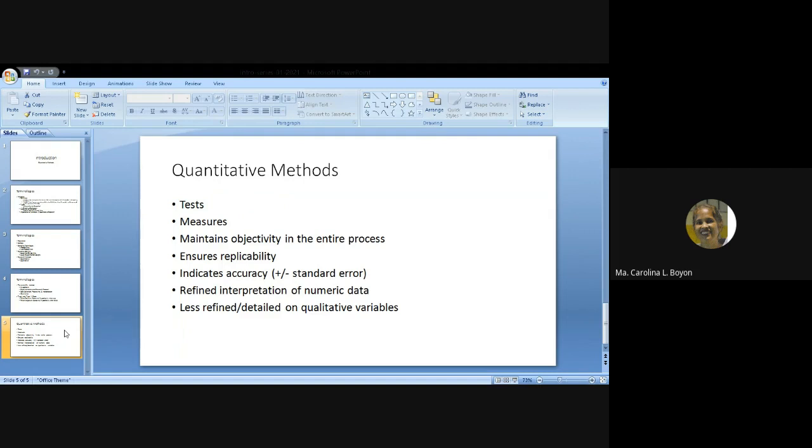Okay, this is because we would like to ensure that anyone who doubts the results of your study can replicate your research, and if you truly have observed the protocol which you have declared in your research, that someone who doubts the results of your study and replicates it will arrive at similar conclusions or similar results. Ibig sabihin, they will not differ statistically from the results of your study.